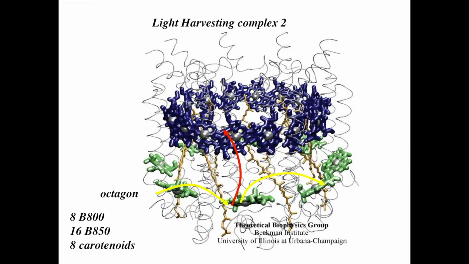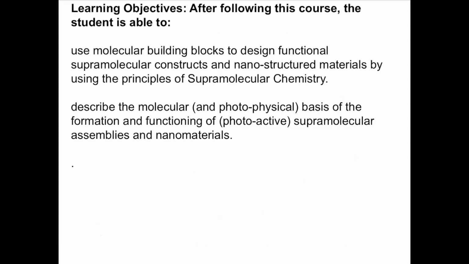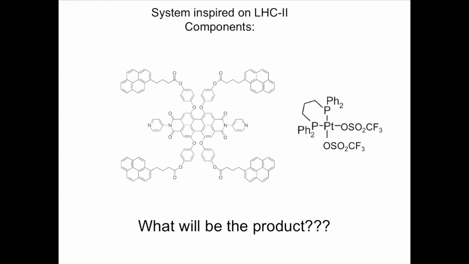If you look at the 8 chlorophylls on the outside, you can say, okay, this is an octagon. So can we maybe make a supramolecular complex or a nanostructure that contains 8 chromophoric units that organize? That would be a very interesting goal, to use these building blocks to make a supramolecular structure that can actually do something. It can harvest light, it can transport the excited state energy.